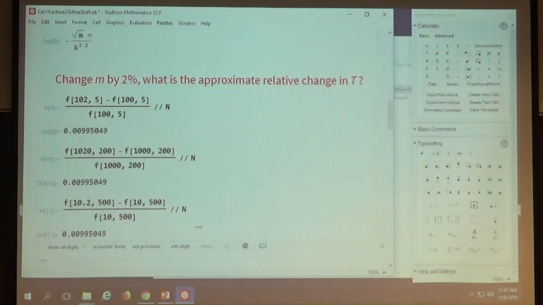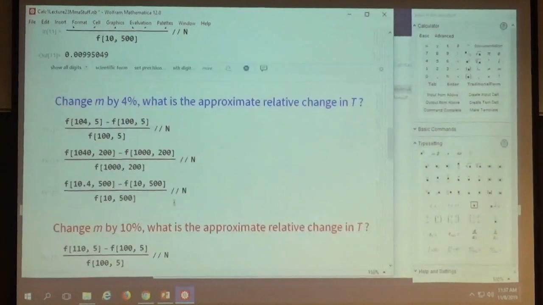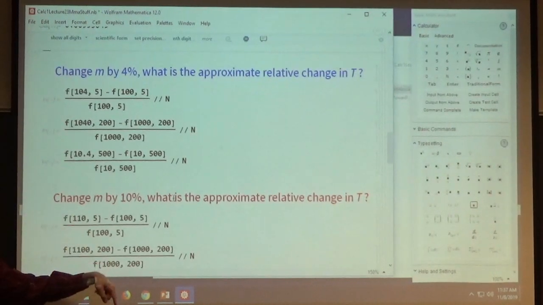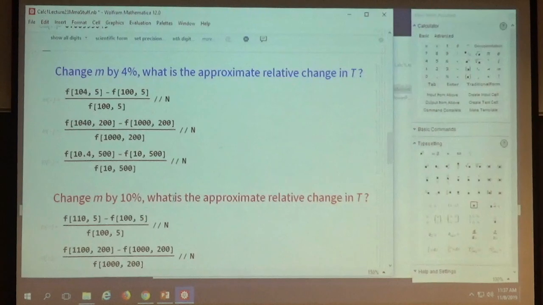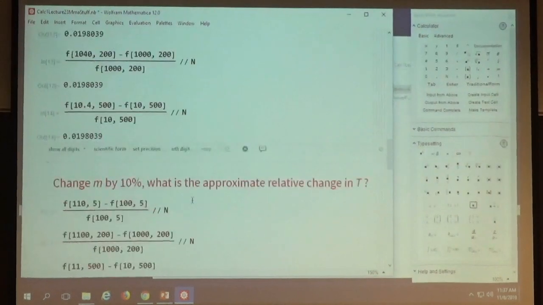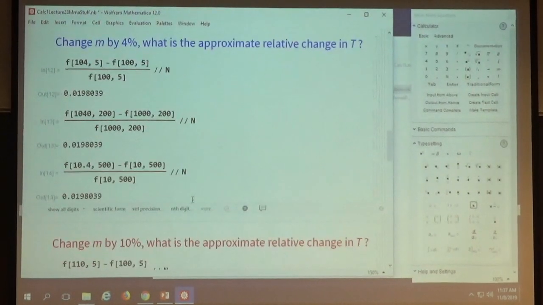See the big point. If I increase the mass by 2%, the period is increasing by about 1%. And it works for other percentage changes, 4% and 10%, though the approximation is not quite as good when the change is bigger. So these numbers are all the same, close to 2%. Half of 4%.